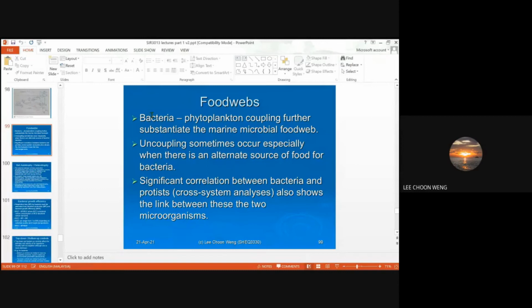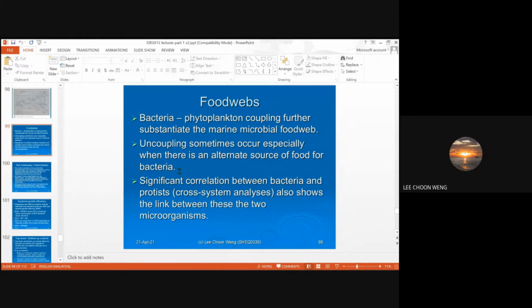So we show that sometimes uncoupling occurs, okay, especially when there's an alternate source of food for the bacteria. Usually when we talk about bacteria in the seas, we tend to focus on heterotrophs and not autotrophs.